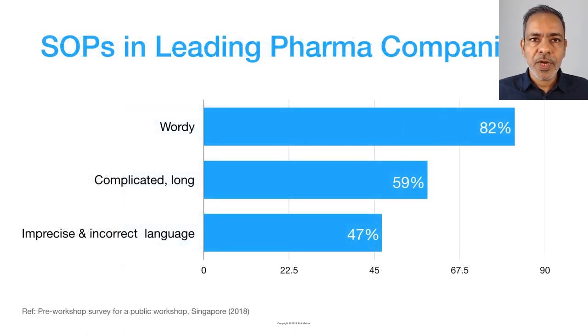Similar results were captured in another pre-training survey among the participants from the leading pharmaceutical companies in Singapore. 82% said SOPs had too much text. 59% said SOPs were complicated and too long. And 47% said the language used was not correct.